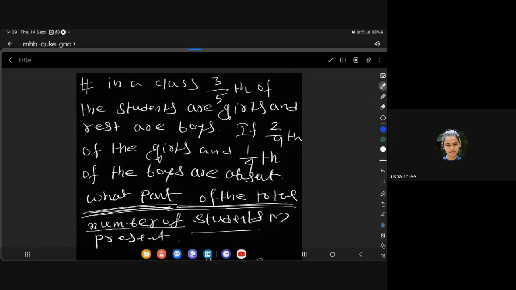Now try to solve. How to solve this question?